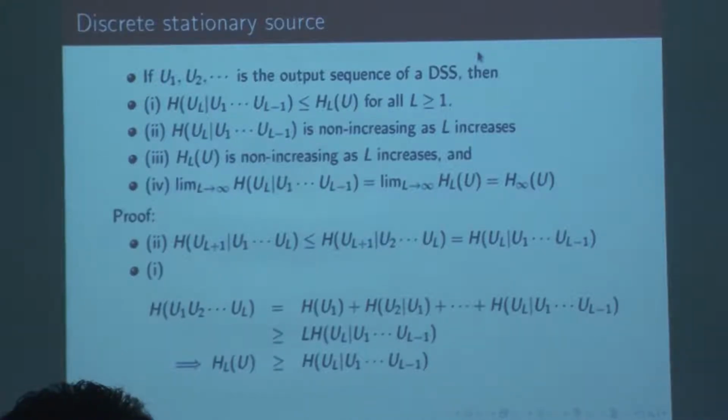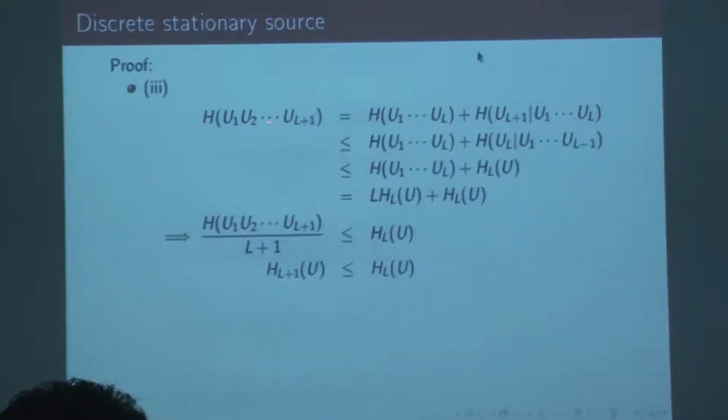Okay. Now let's prove property number 3, which says as L increases, this is a non-increasing function. So again, to prove this, we have to show that H of U1, U2, U3, ..., U_{L+1} divided by L plus 1 is less than or equal to H of U1, U2, U3, ..., U_L divided by L. So let us start with H of U1, U2, U3, ..., U_{L+1}.